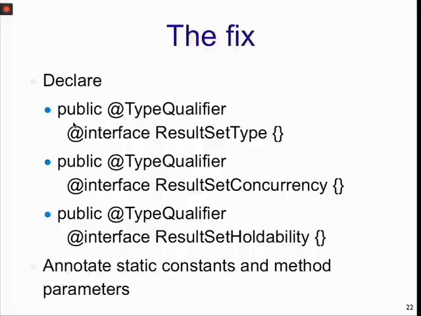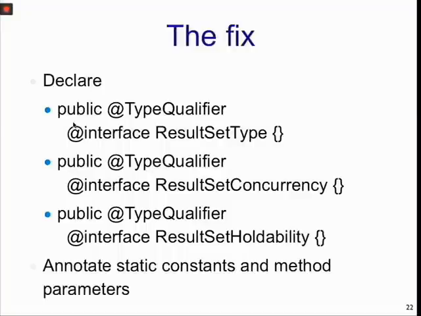Then once I've defined these, in SQL, I can go in and all those method parameters that are supposed to take a result set type, I put @ResultSetType on the method parameters. And in the public static final ints that declare the constants, I declare those to be a ResultSetType. And now I've added an additional type system on top of the Java type system.